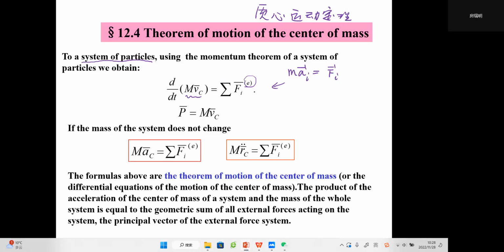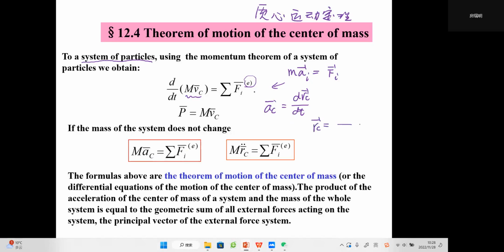If the mass of the system does not change, it's always true. So use this capital letter M to denote the whole mass of the system. We can write it as this because we have ac equal dvc/dt, so M ac equals sigma Fi^E.